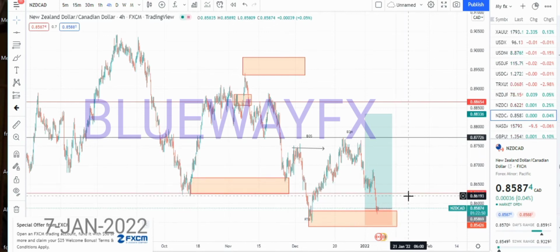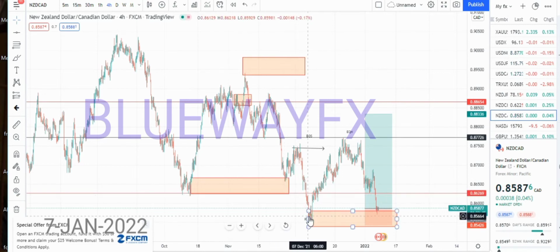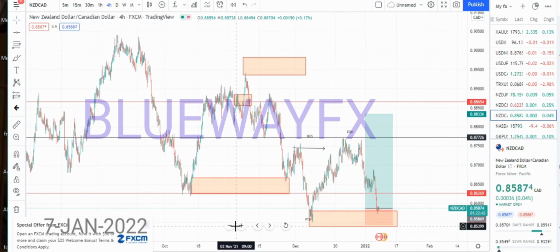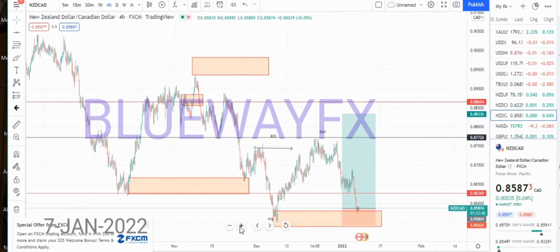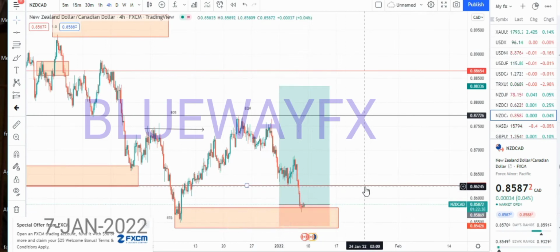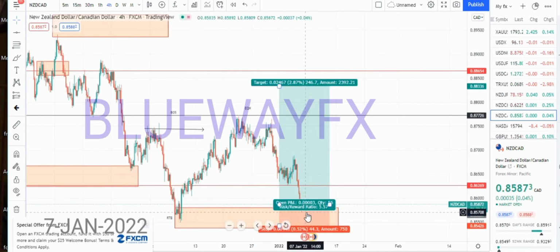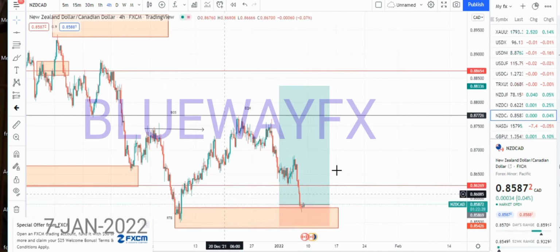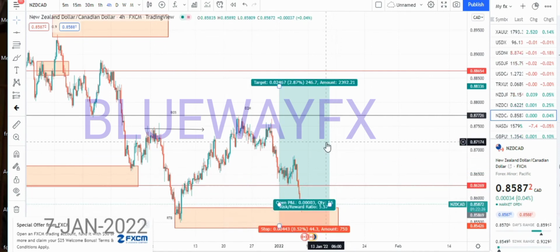Price returned to the order block, and there was a sharp rejection here. The rejection was too clear, so I'm taking the setup. It's a short setup, and I'm going to ride it all through to this point.